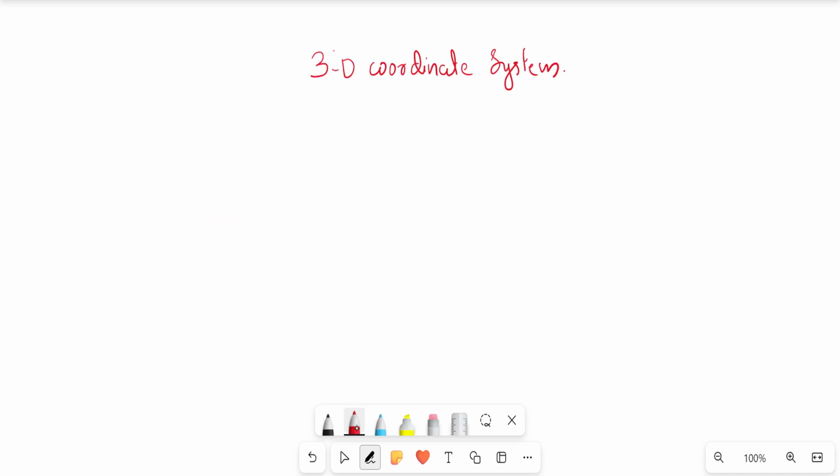Now we have seen the one-dimensional and two-dimensional coordinate systems, right? Now the major portion is the three-dimensional coordinate system in Cartesian coordinates. What is the importance of a three-dimensional coordinate system? For example, if I'm considering a bird here, I need to find out the position of this particular bird.